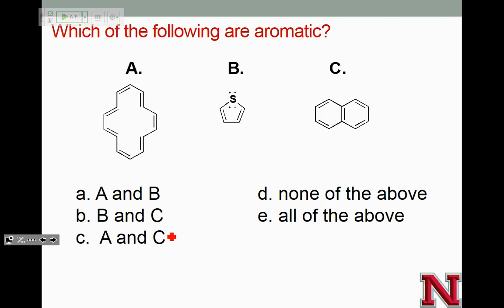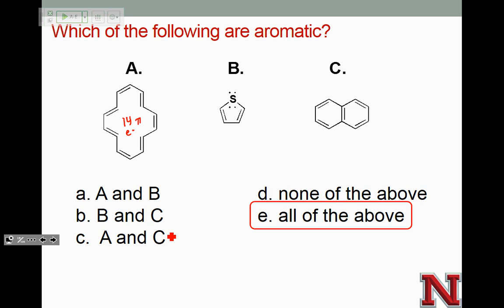So when we looked at this one, all of these are actually aromatic. This one has 14 pi electrons. Assuming it's planar, I would have to tell you if it wasn't. If we look at this one, remember only one of these lone pairs can be in conjugation at a time. So this actually only has a 6 pi electron system. The other lone pair is not in the p orbital. So it's not part of the system.